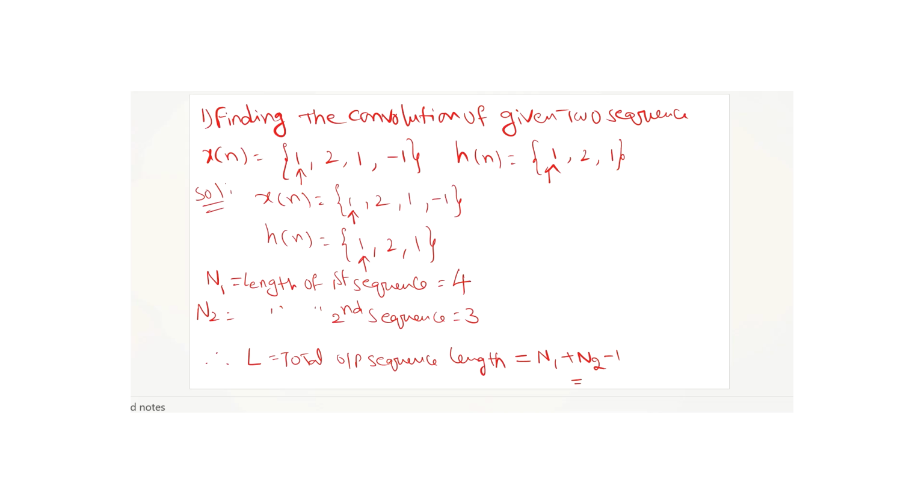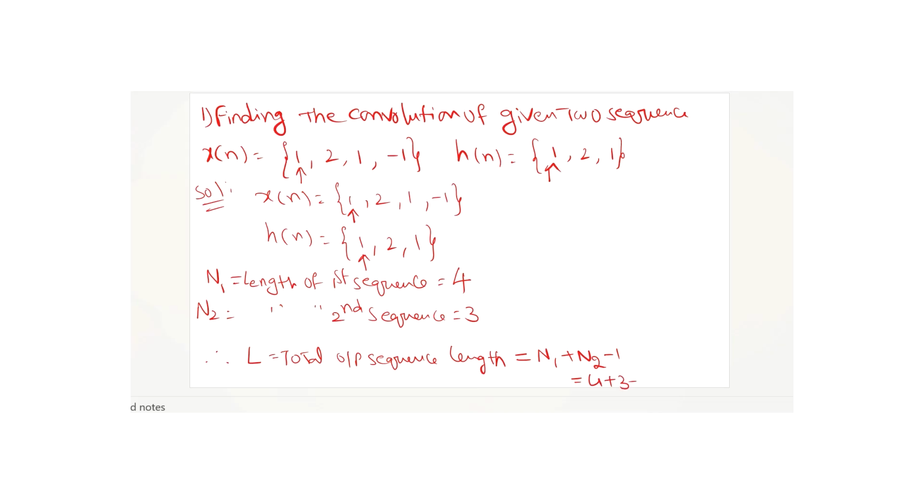Now substitute the n1 value, n2 value and minus 1. So 4 plus 3 minus 1, that is 7 minus 1, 6. L is equal to 6. So this is the total length of the output sequence.